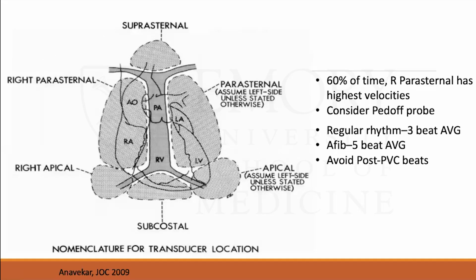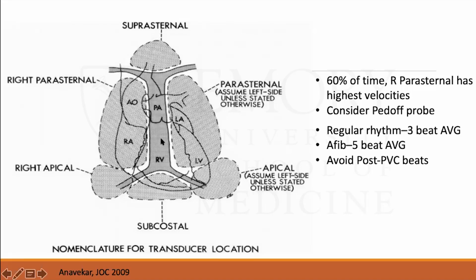The second thing is, classically, we measure our aortic valve velocities from our apical views. But in fact, 60% of the time your right parasternal view will give you the highest velocities. It really just depends on the orientation of your LVOT with your aorta.